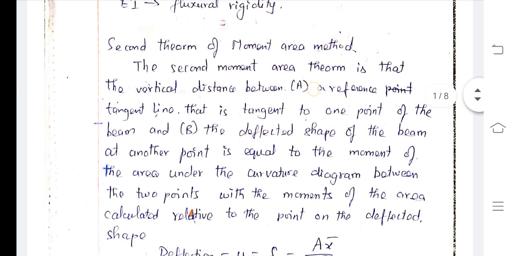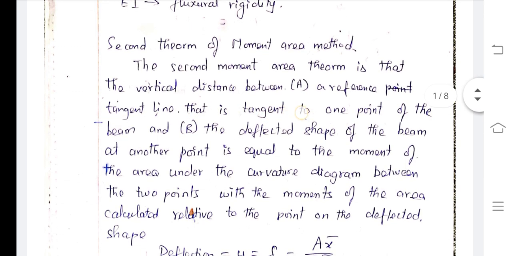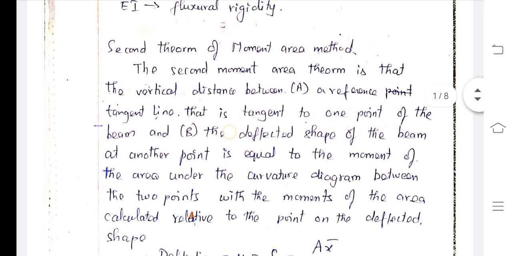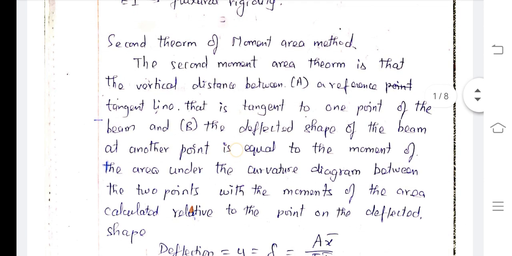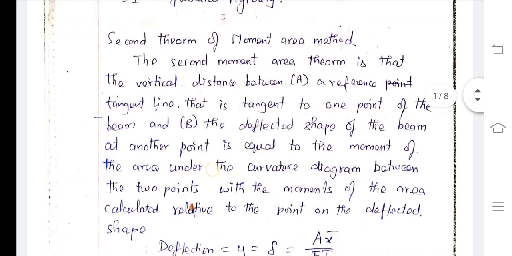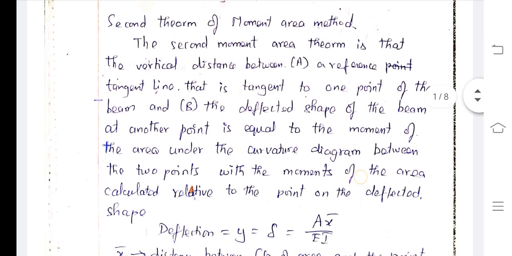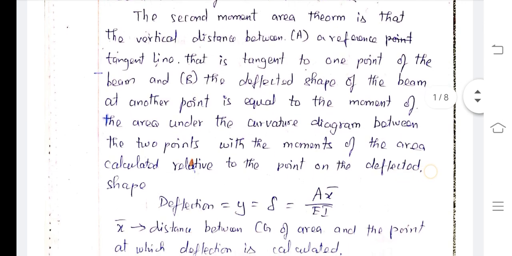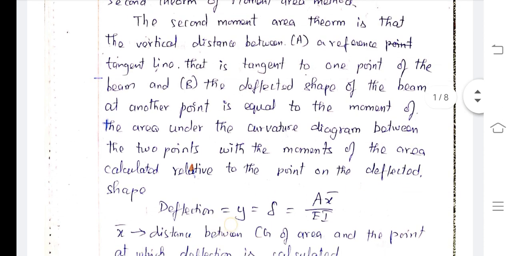The second theorem is that the vertical distance between a reference tangent line, that is tangent at one point of the beam, and B, the deflected shape of the beam at another point, is equal to the moment of the area under the curvature diagram between 2 points, with the moment of the area calculated relative to the point on the deflected shape.